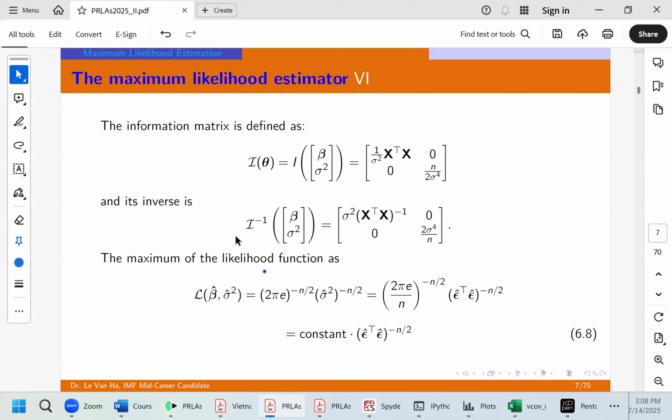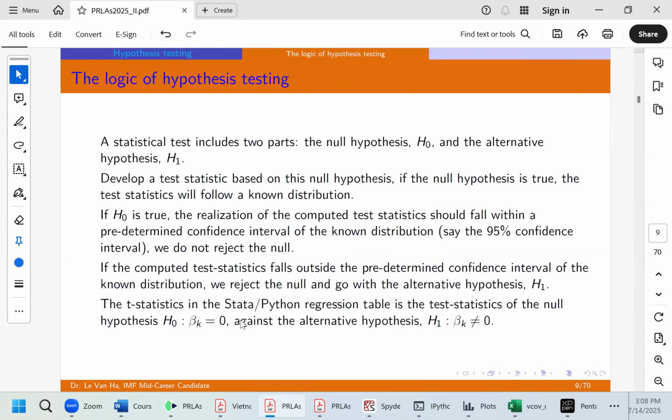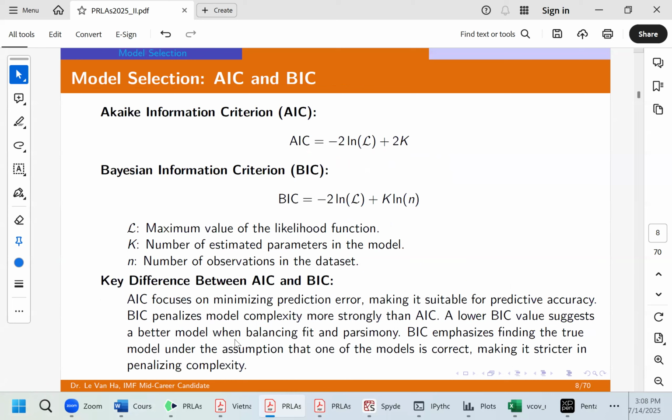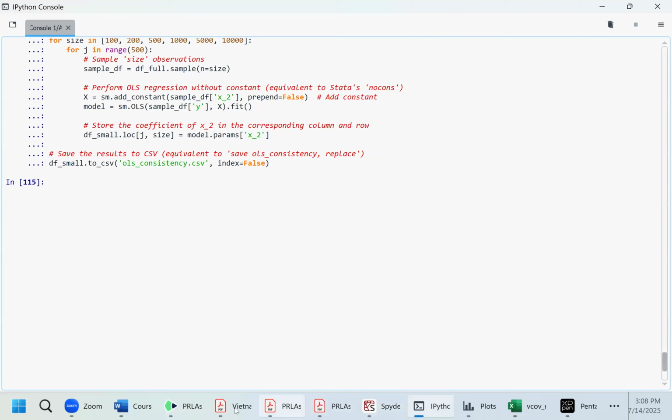If I didn't go from here and just told you to compute the likelihood function in this way, you would start asking me how. This is the reason we go through that. And you see that the AIC is defined in this way, and the BIC is defined in this way. So if we know what the BIC and the AIC are, it is done.